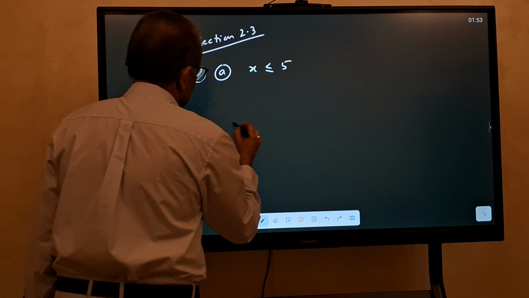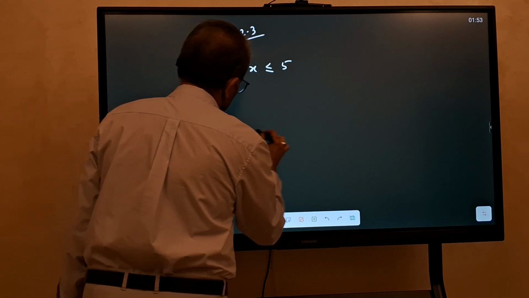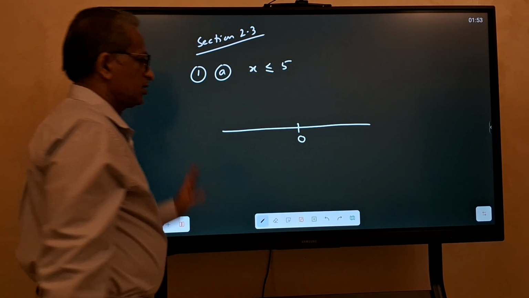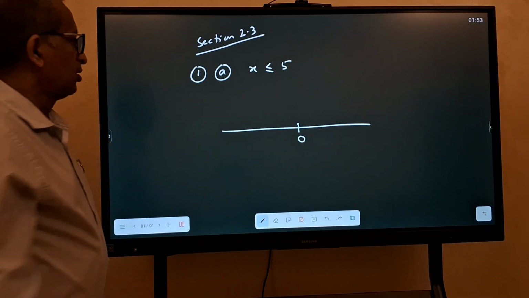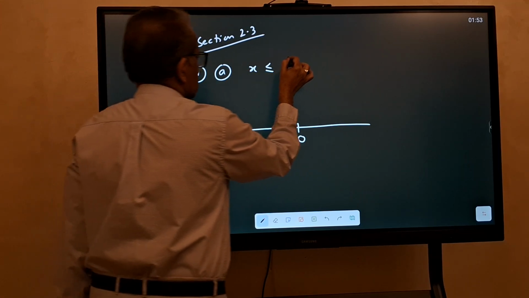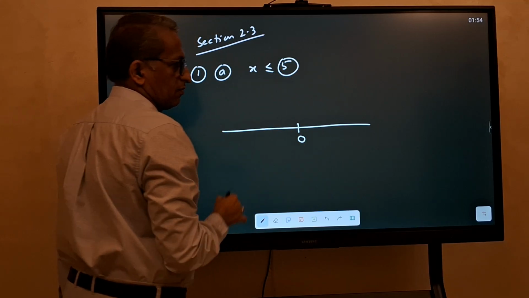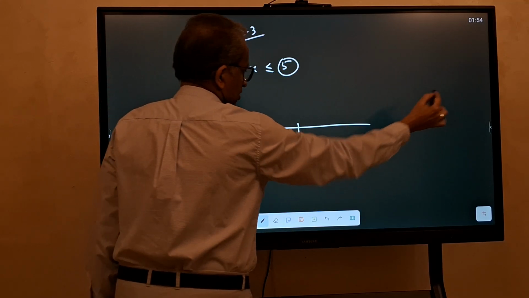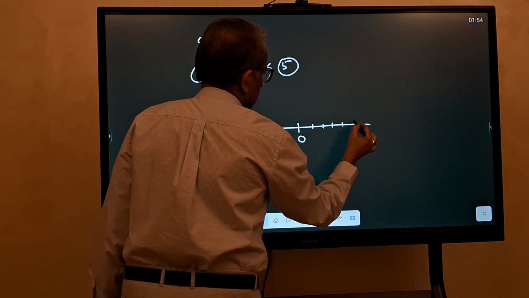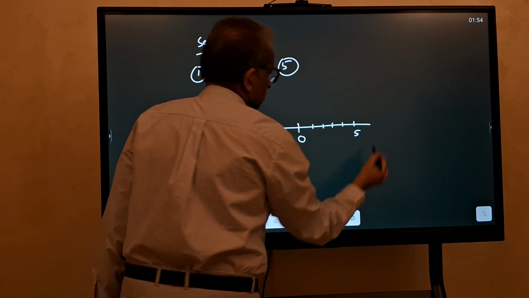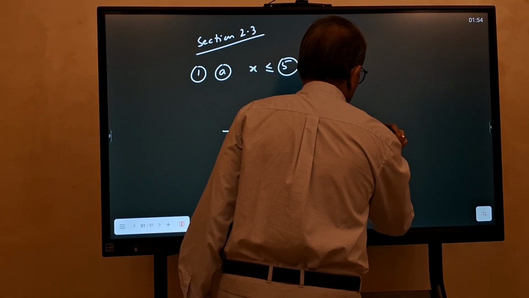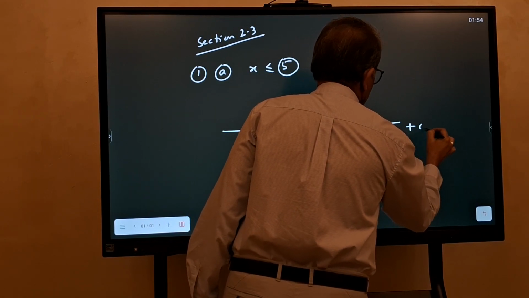So how do we draw the number line? Draw a line, with center 0. This is the number line, and we are going to graph this on it. Check the number 5, which is positive, so it is on the right side: 1, 2, 3, 4, 5. When you go further on the right side, it is plus infinity.